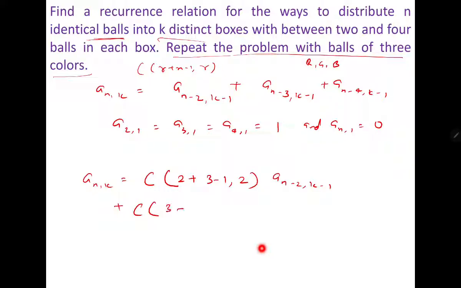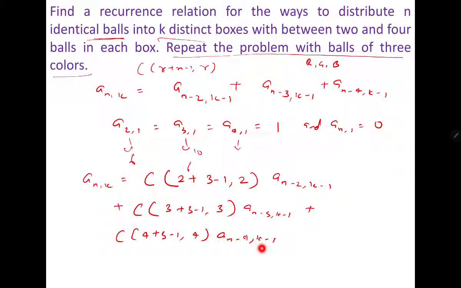Similarly, if I choose 3 out of 3, it is a n minus 3, k minus 1, and the last one is C(4 plus 3 minus 1, 4) times a n minus 4, k minus 1. The initial conditions again you can write down the same: A21 is 6 because this value is 6, A31 is 10, and A41 is 15.